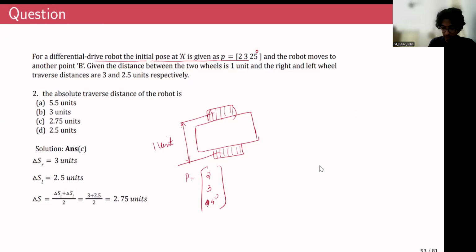You can use the formula discussed in the lectures, where the absolute traverse distance delta S is given by (delta SR plus delta SL) divided by 2, where delta SR is the distance the right wheel traverses, 3 units, and delta SL is the distance traversed by the left wheel, 2.5 units. This gives 2.75 units.